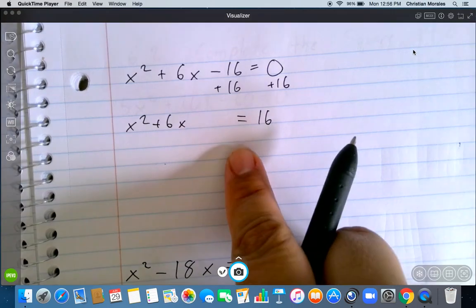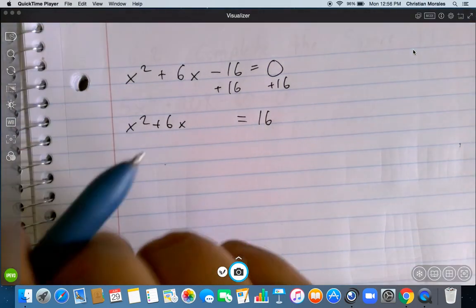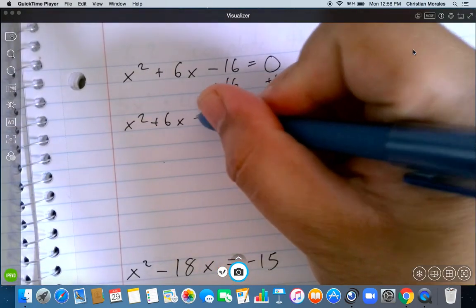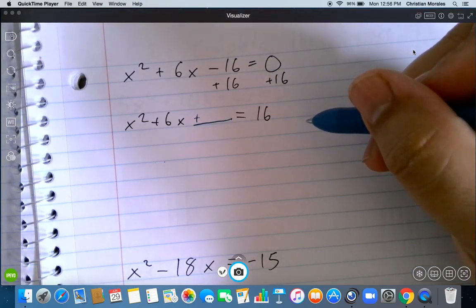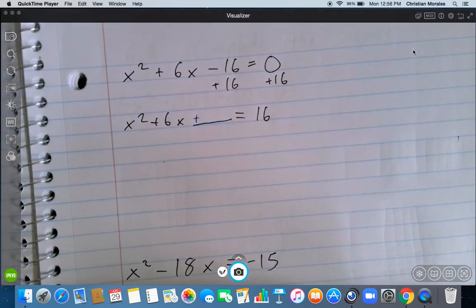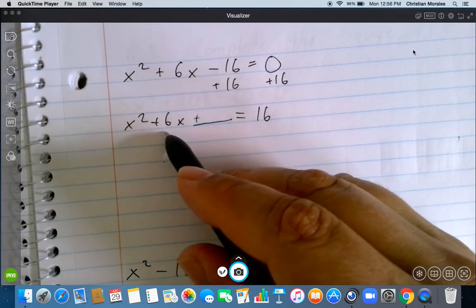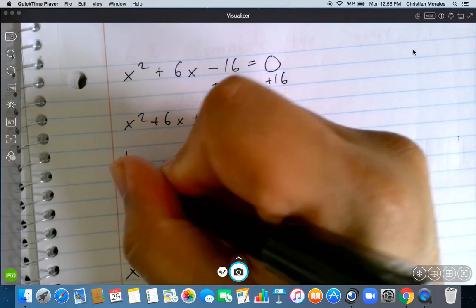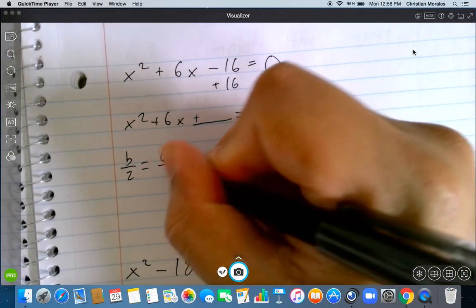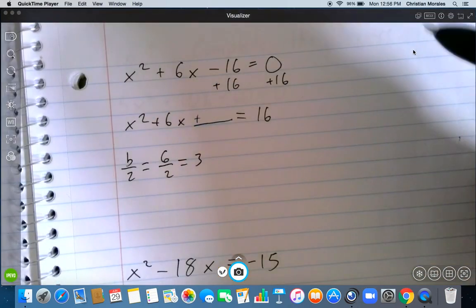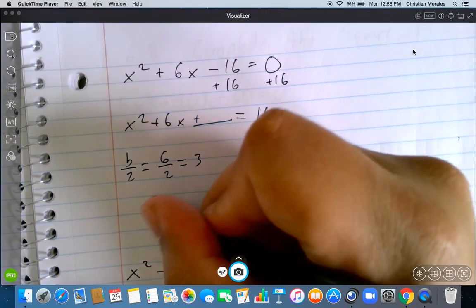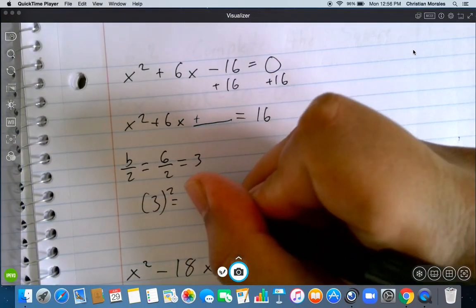Now I left a space here because you need a new c. You need a new number to make a perfect square. All right? So we do what I just did earlier. You need to find a new value for c. So you take your b term, take the b, split it in half. In this case, take 6 divided by 2, you get 3. Take 3 and you square it, you get 9.